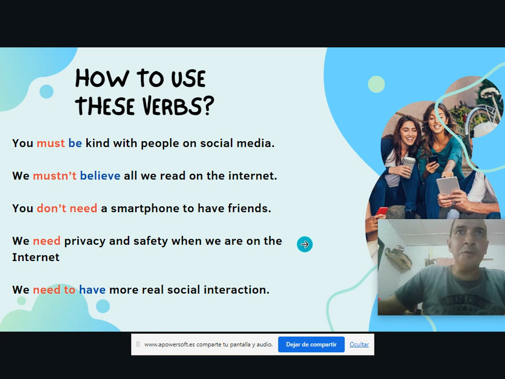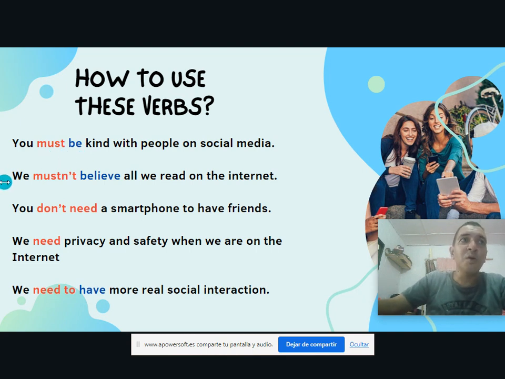Now, pay attention to these sentences. In these sentences, you are going to learn how to use these verbs and what rules we need to follow in order to use these verbs in a correct way. Okay? In the first sentence, you must be kind with people on social media. Please pay attention to words in red and in blue. You must be.